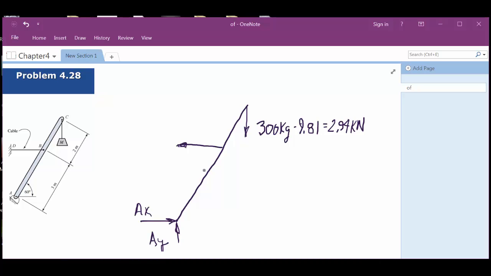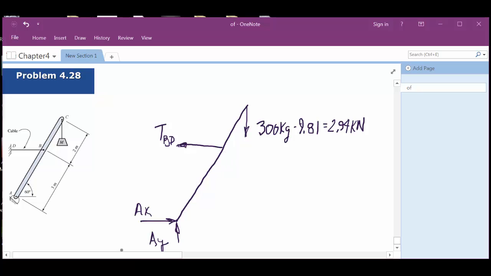Okay, so now we're going to label this as the tension in, and I call it BD. I just go with the alphabet on that. It's the tension in the cable BD or DB, however you want to look at it. I don't care. That's all we need to call that.